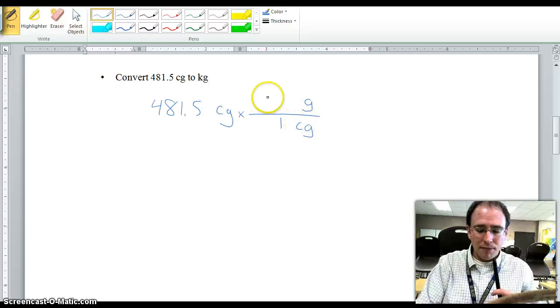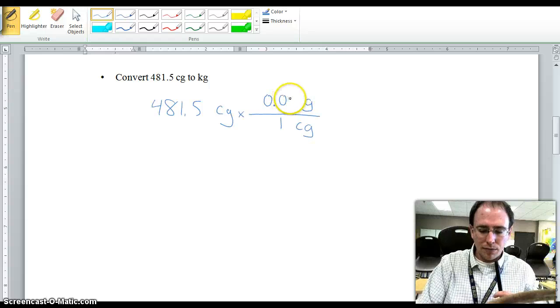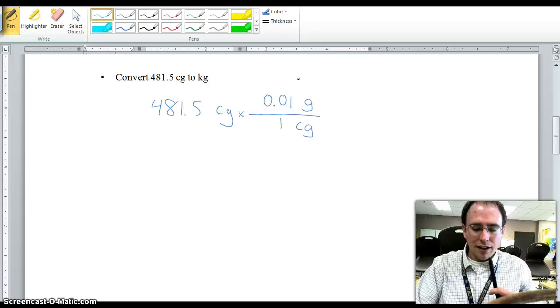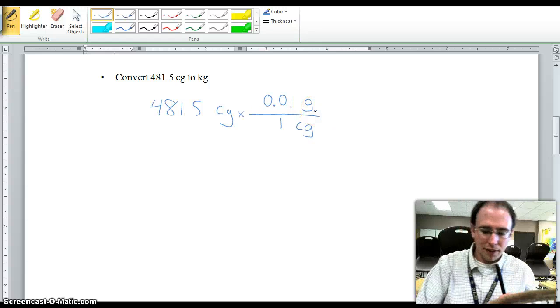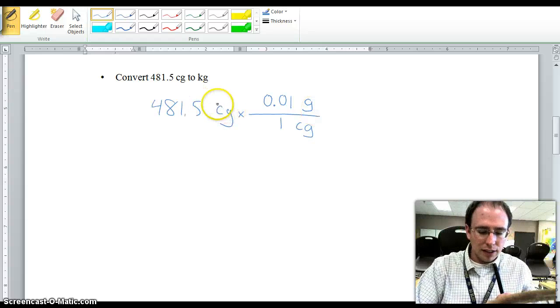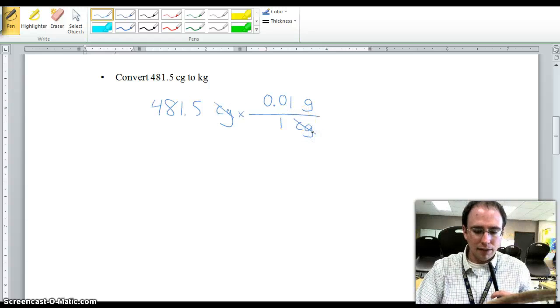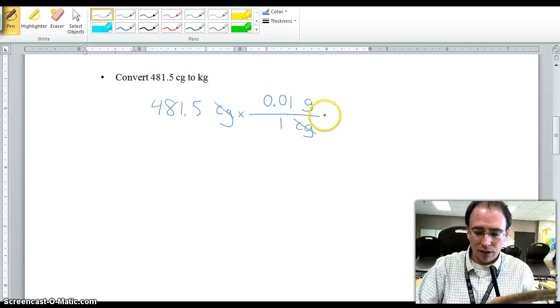So up on top, the number for centi from that list from before, it's 0.01. And so it's really just centigrams, and then up here it's still centigrams. And when I do this, centigrams cancels out. I'm left with grams, but that's not what I want in my answer. So I actually have to do another one.